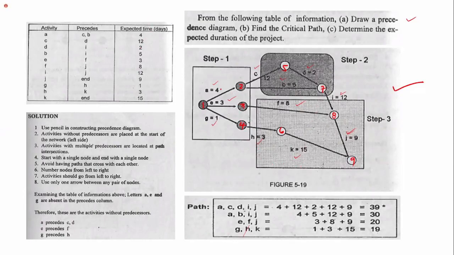We just have to add the days of completion for each activity. So for A we have 4 days, C 12, D 2, I 12, J 9. So we add them all. After adding the expected days for each path, we evaluate, and the longest path prevails. This is what we call the critical path.